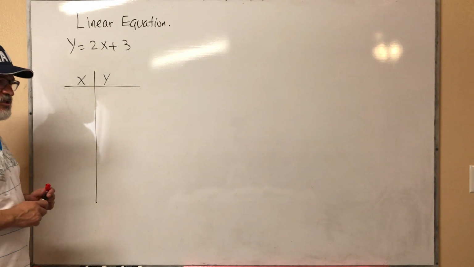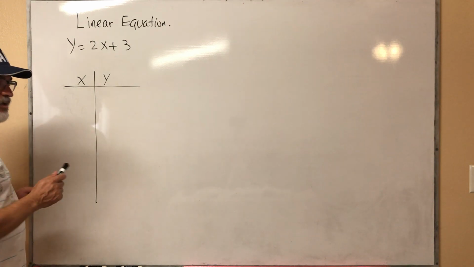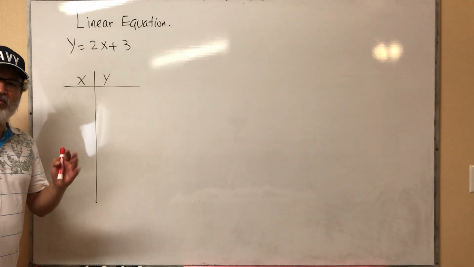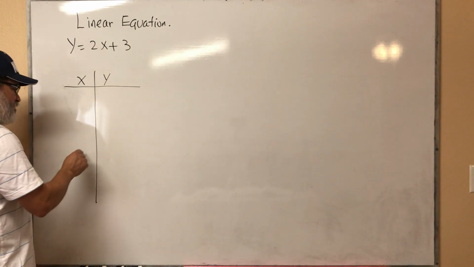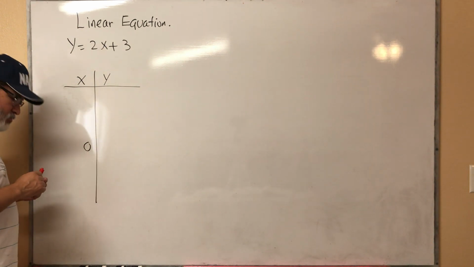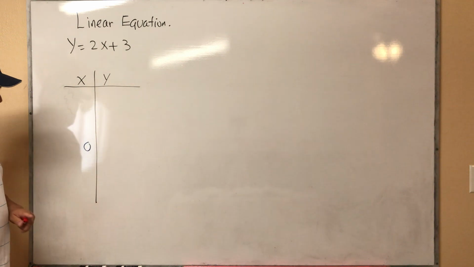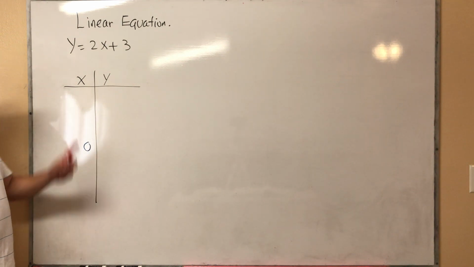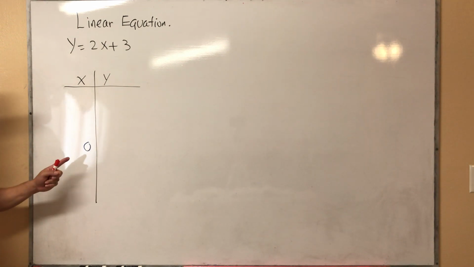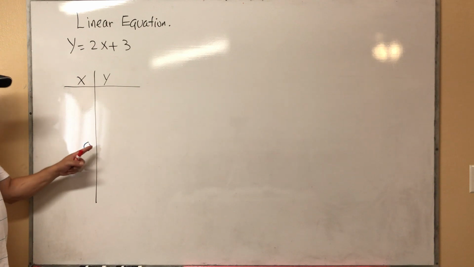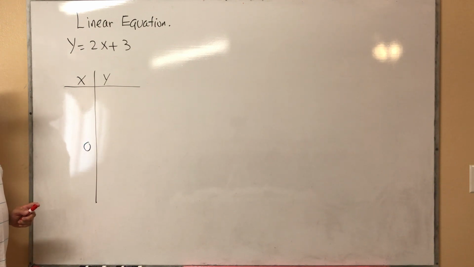For example, watch this. Here's a very easy one. Let x be 0. Plug in 0 to find the value of y that goes with x equals 0.